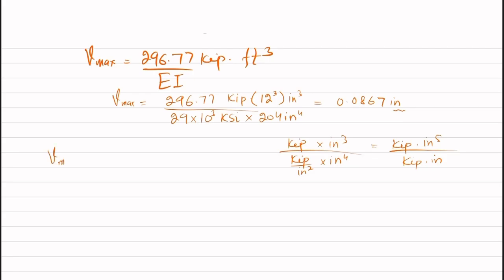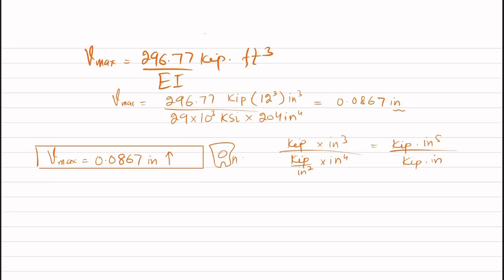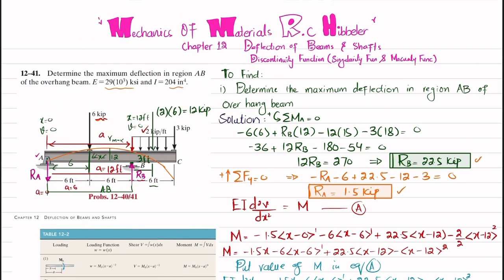So V max is equal to 0.0867 inch, and this is positive, so it means this deflection is upward. Let me show you it as well. You can see this is positive, so this deflection is upward.